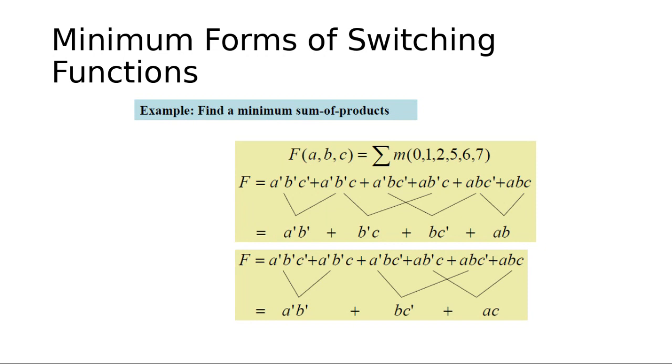We have this expression. It is just an example. We have minterms here: 0, 1, 2, 5, 6, 7. You know what minterm means, right? You know in the truth tables, these variables are 1. In the minterms, we took the 1.